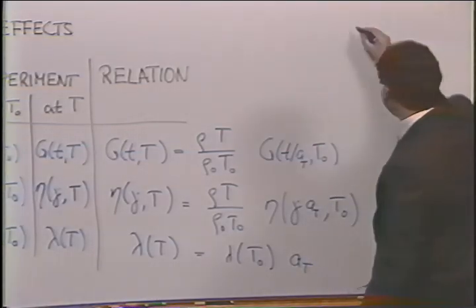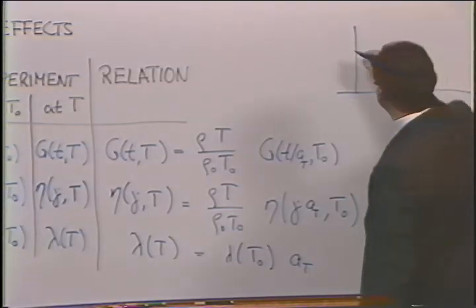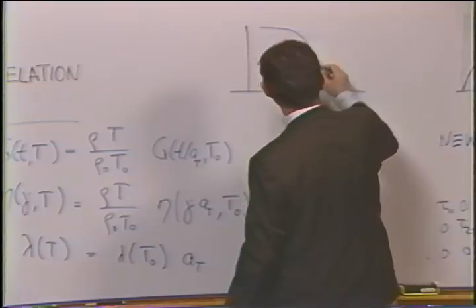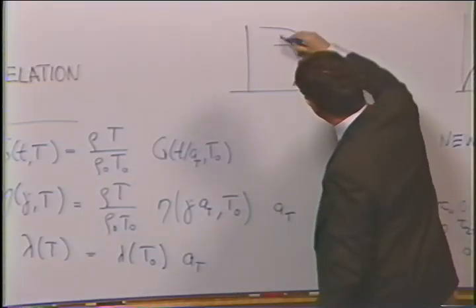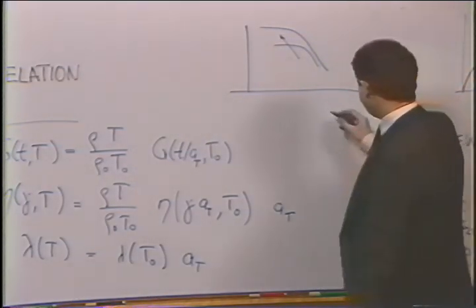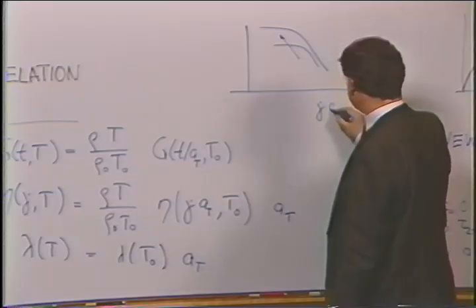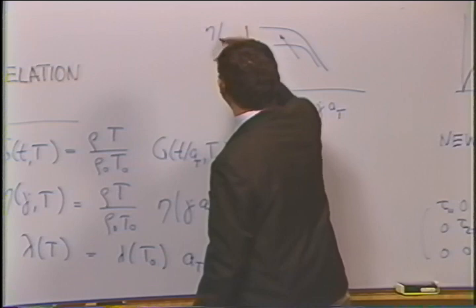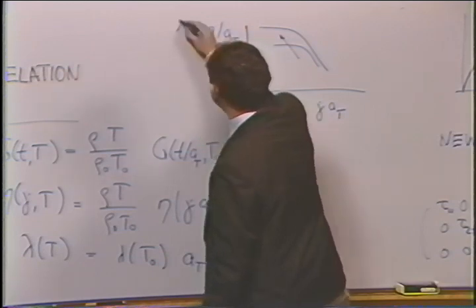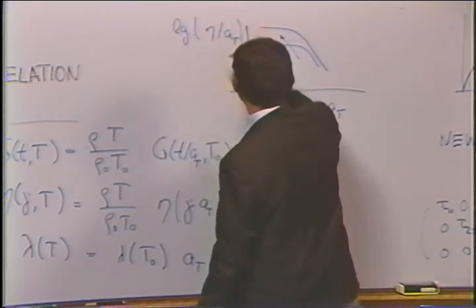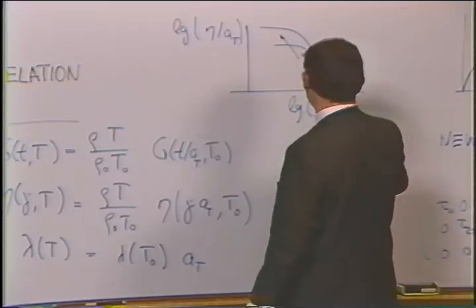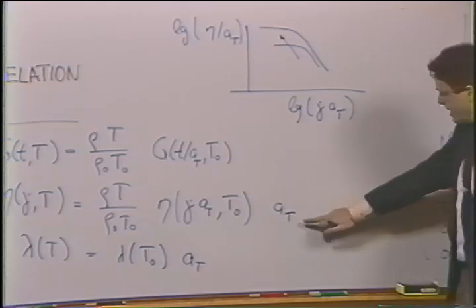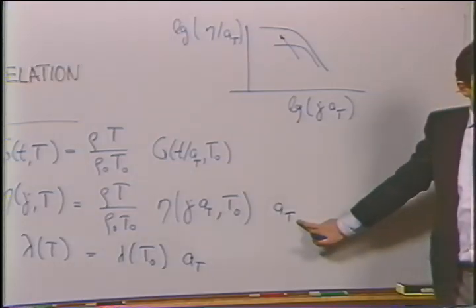This is associated with the, here, if we have our viscosity functions, those are shifted under 45 degrees, and our axes would be gamma dot aT and eta over aT. And remember, we are talking about a log-log representation. So the question was why we need this aT for the viscosity function.